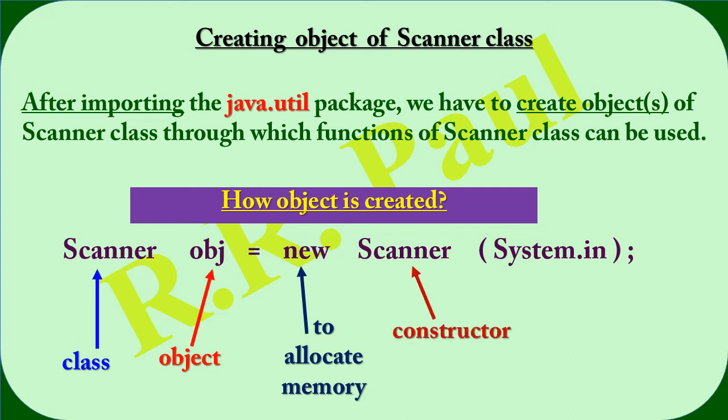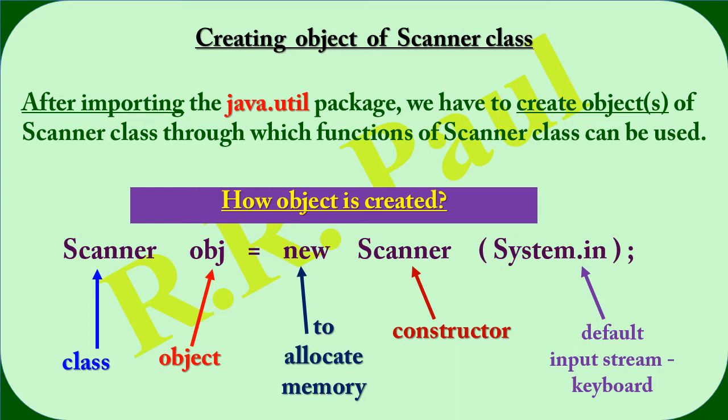Then we have Scanner with the brackets. It is termed as the constructor. You will be studying about constructors later. And System.in is a reference to the default input stream. By default, we take input from the keyboard. So System.in is a reference to that. Remember, System is a class and all Java classes start with a capital letter.